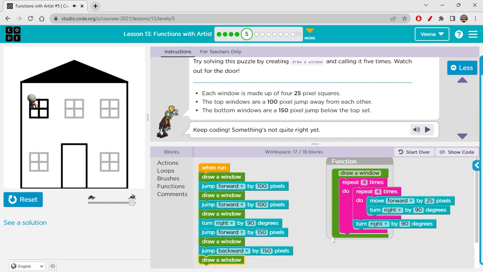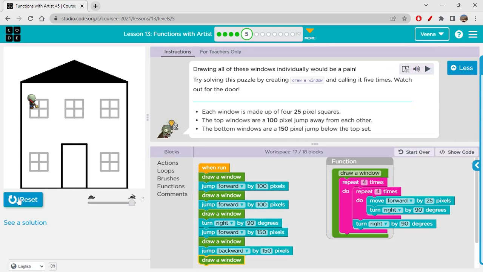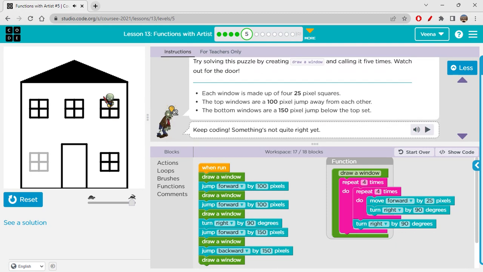Most probably this should work, but it is saying I'm missing one block. Let's check it out. Oh yeah, absolutely, I'm missing a block. So he's going here and drawing that.